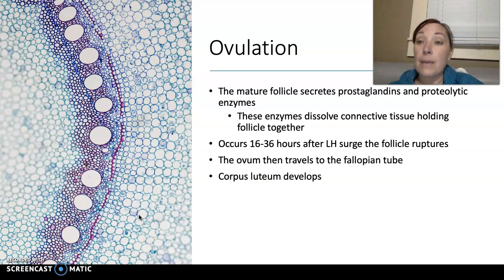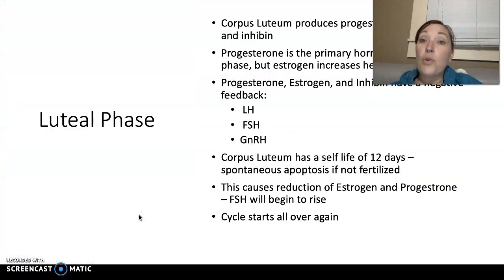And the corpus luteum has a key role to play in the development of hormones that also play a part in the feedback loops. So the corpus luteum produces progesterone, estrogen, and inhibin. And this is considered the luteal phase, named after the corpus luteum.